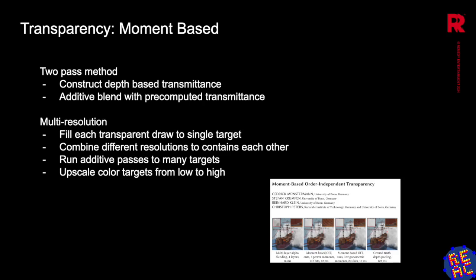Supporting correct transmittance with multi-resolution rendering means that we first fill each transparent target to some single transmittance target and then combine all the resolutions together. After the combining pass, all the resolutions must contain transmittance from all the geometry.